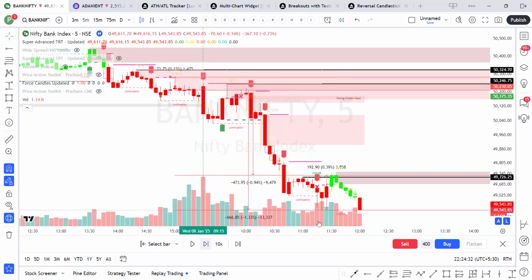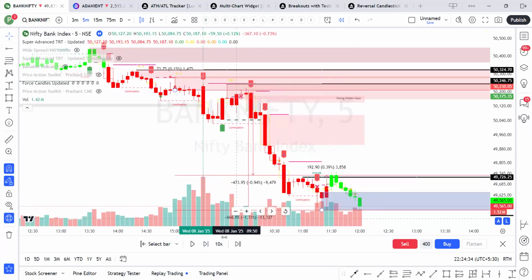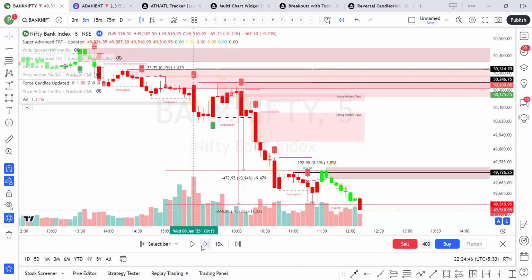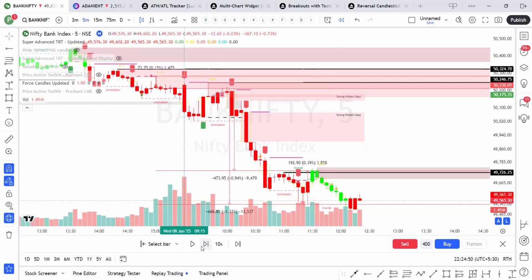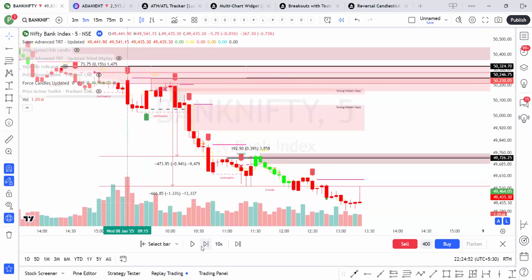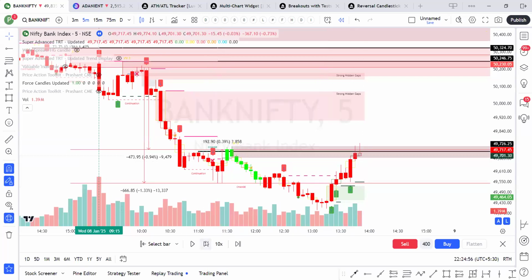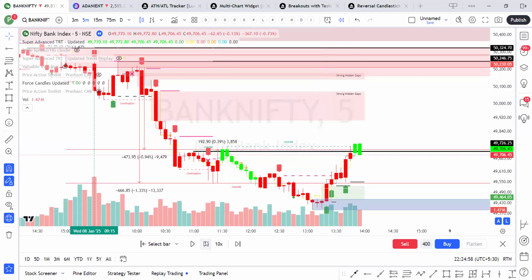So here what happened, as this was just the first time green, price came down, there are strong selling candles, no buying candle. Price came below this and broke that buying area. Price closed below that, and then again it kept falling, went up, gave retracement entry in the sell area, and closed above that.